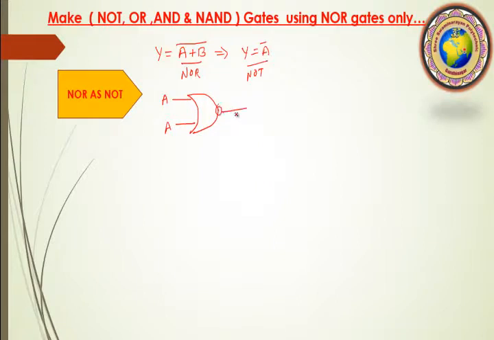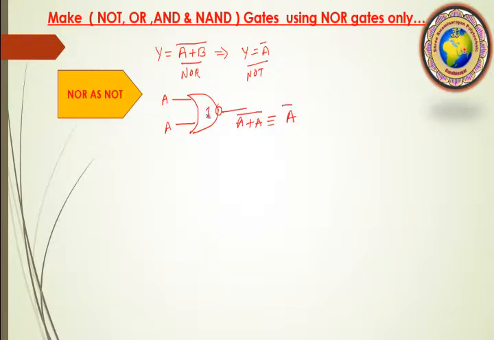So what happened? Instead of b, here I take a, so (a plus a) whole bar. By using the Boolean law, a plus a is a, so we get a bar.